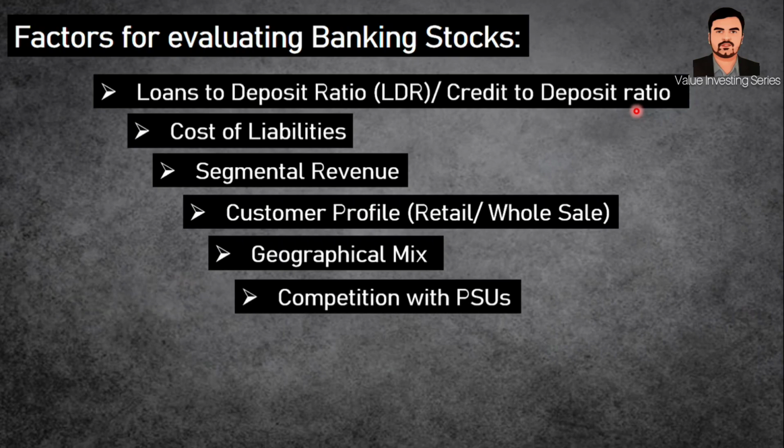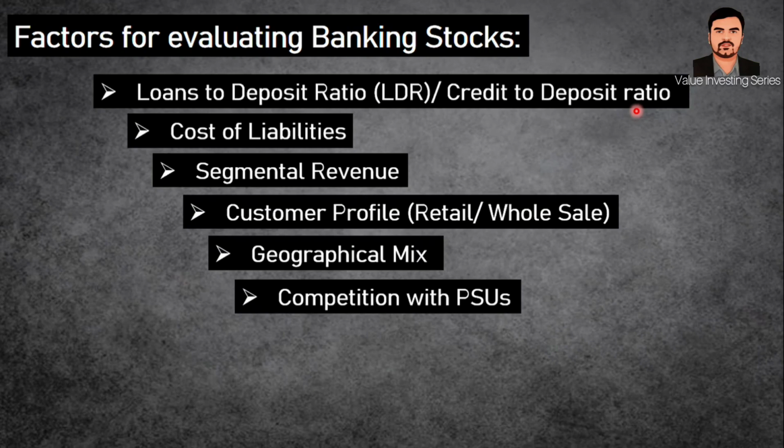Next comes the competition with PSU, national banks like SBI, PNB, etc. The government is also bringing in various schemes or strategies by which these banks are becoming more profitable, reducing their NPA and generating more profit. This is again hitting the profitability of private banks.